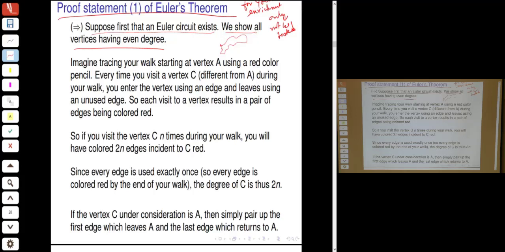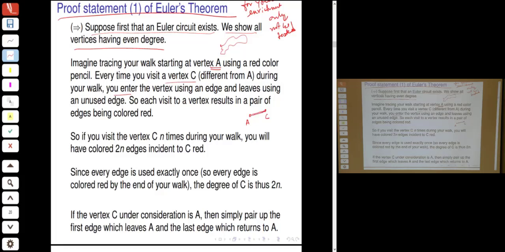So imagine that you have a red pencil in your hand, and you start at the starting point A, the starting vertex, and every time you visit a vertex C different from A using your walk, so suppose you are at A here, maybe even the next step already is C, so you enter from A to C using this edge, then you must also leave C, right, because the Euler circuit starts and ends at A. So if you have entered a vertex C, then you must also leave the vertex C, and the edge through which you enter C must be different from the edge through which you exit C, because the Euler circuit is not allowed to repeat edges.